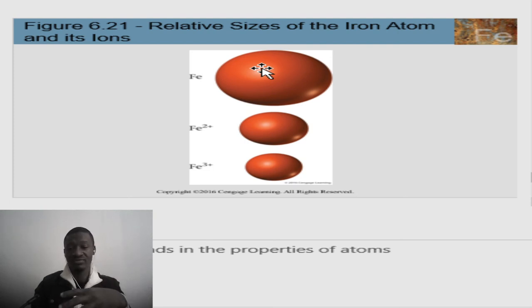But once you have many electrons around, there will be repulsion, and then it becomes wider. So you have this situation. Notice that it becomes smaller here, and even smaller here, because when you lose 2, see the size. When you lose 3, it becomes a little bit smaller. I hope it's making sense.